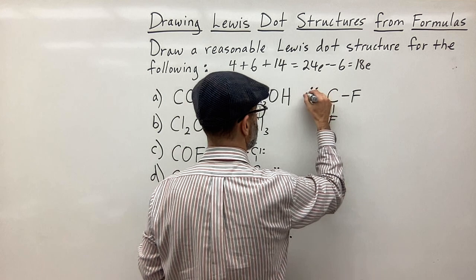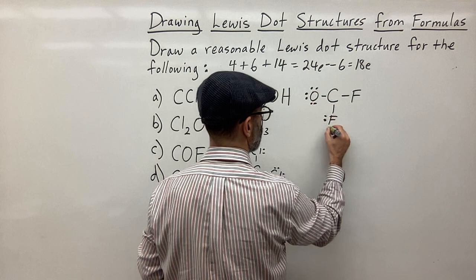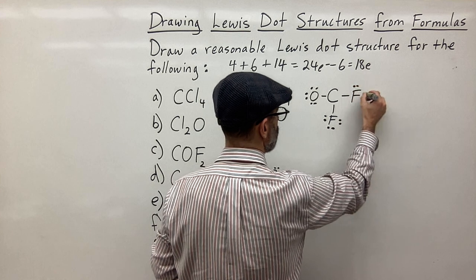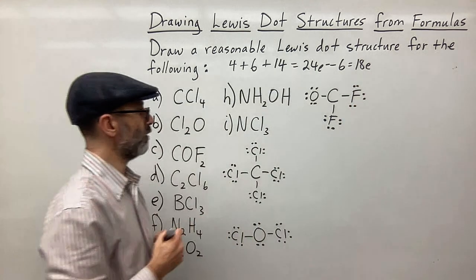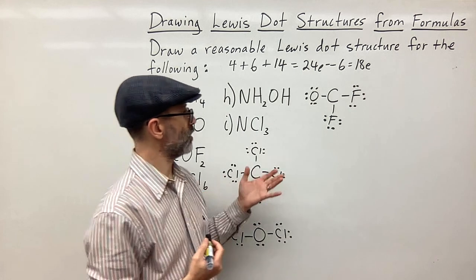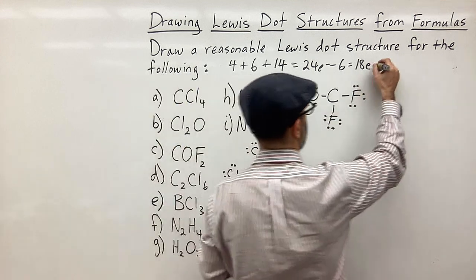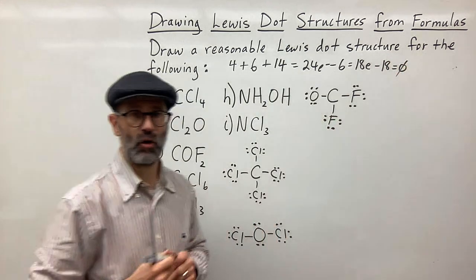That's 1, 2, 3, 1, 2, 3, 1, 2, 3. Now they all have an octet. I used up 18 electrons, 6, 6, and 6. So I'm going to subtract that out, and I have no electrons left over.